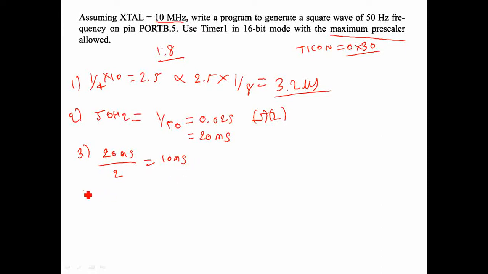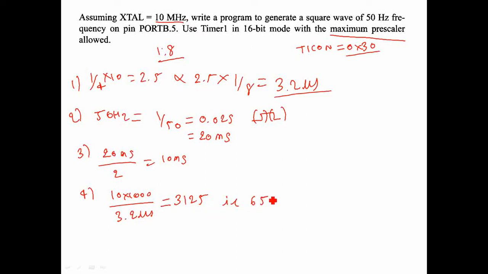With that, we have 10 into 1000 divided by 3.2 microseconds, which gives us the value 3125.